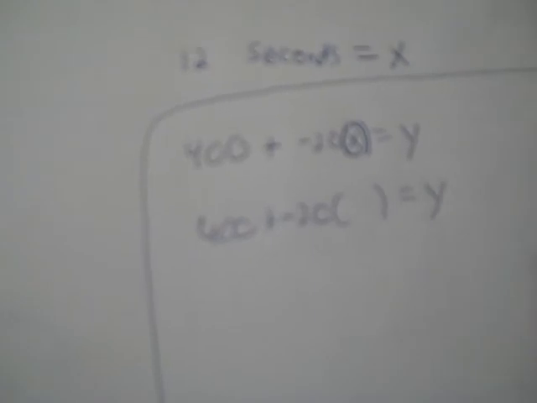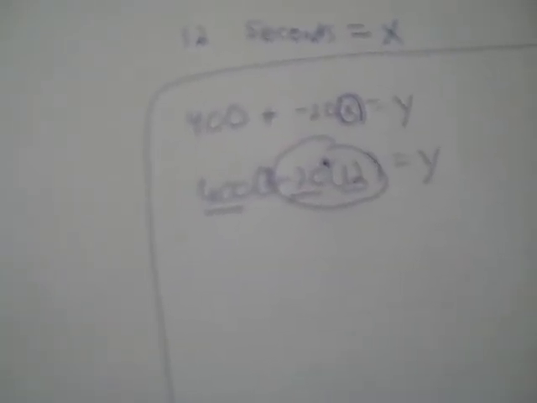Now I need to find a replacement value. 12 seconds. And 12 seconds, that goes in for the x. Okay, so I want to circle the x and replace it, empty that. Put a parentheses around it and empty it. So 400 plus negative 20 parentheses equals y. And I have 12 as my replacement.